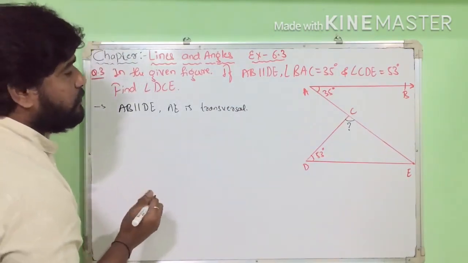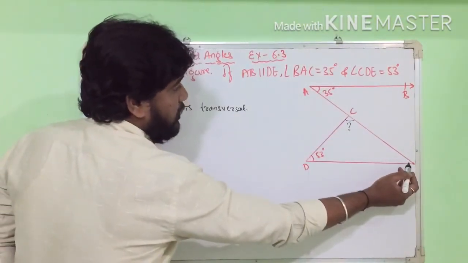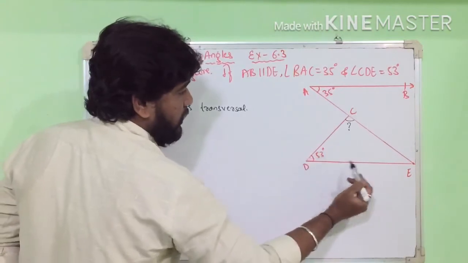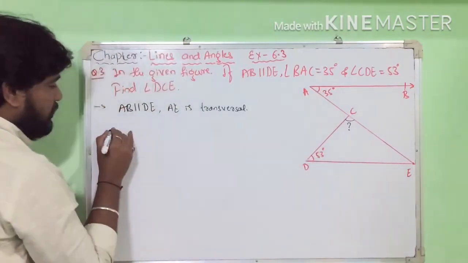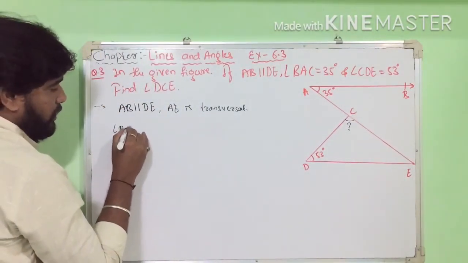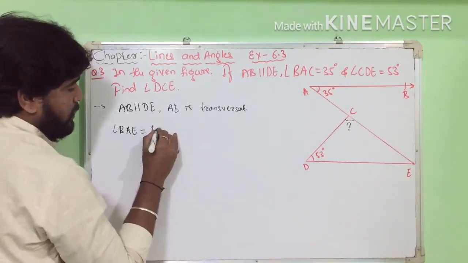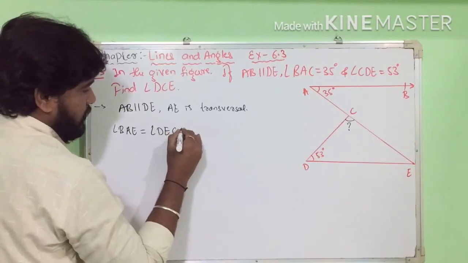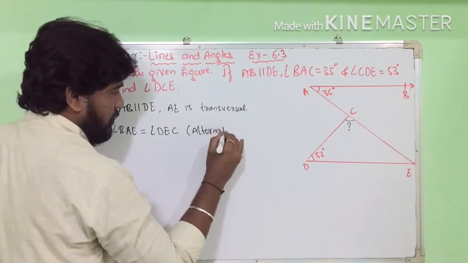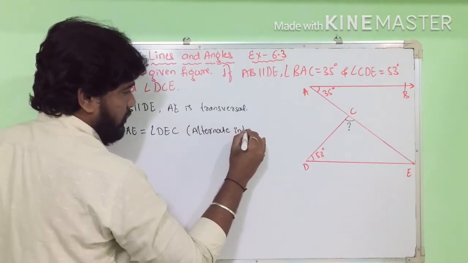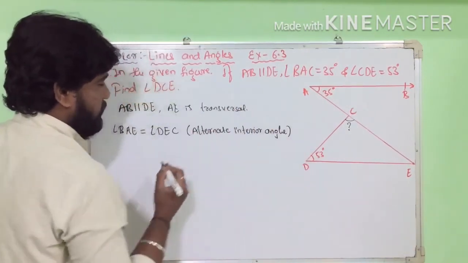Transversal, right? So now angle BAE and angle DEA or DEC are alternate interior angles, these two angles. So angle BAE is equal to angle DEC, alternate interior angles, right?